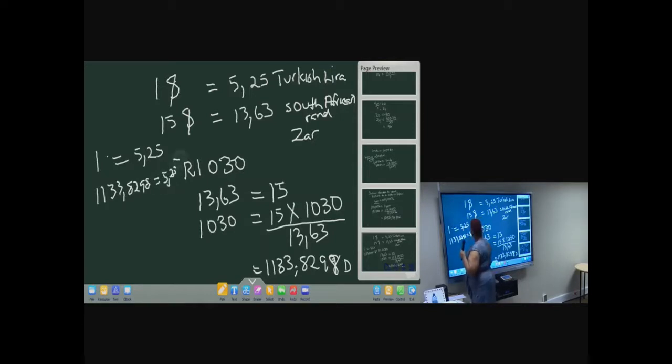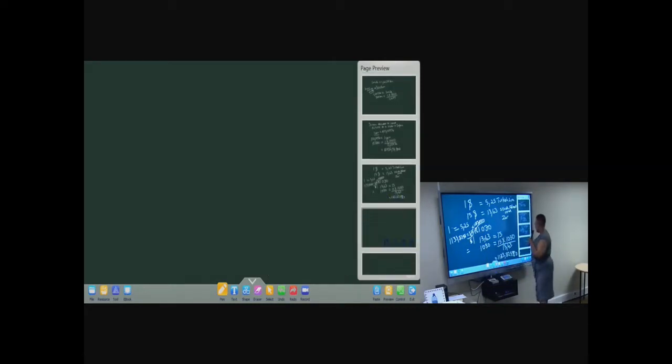You multiply by what is at the bottom, 1133,8298, and you divide by what is on top, which is a 1 in this case. Then you will get your answer in Turkish liras. That's how you do it.